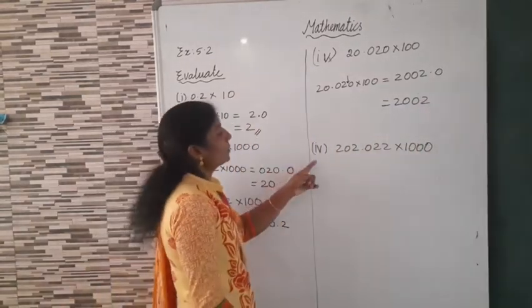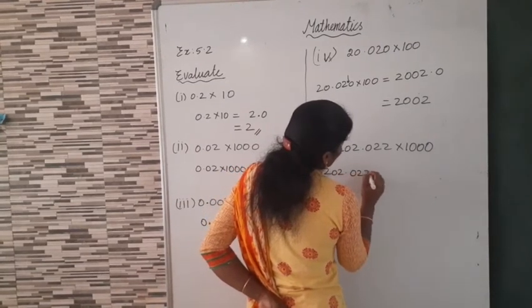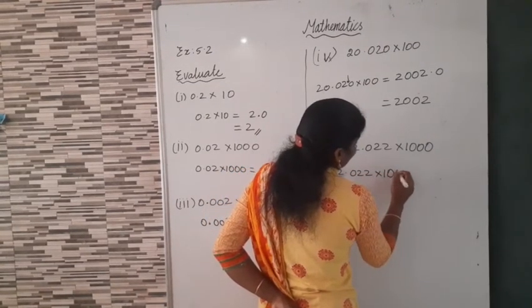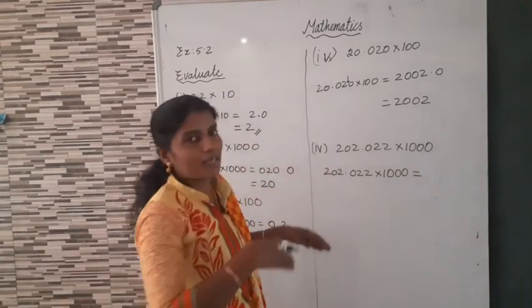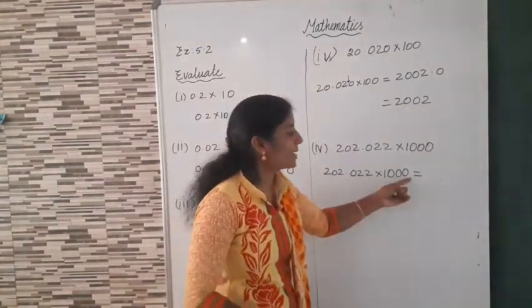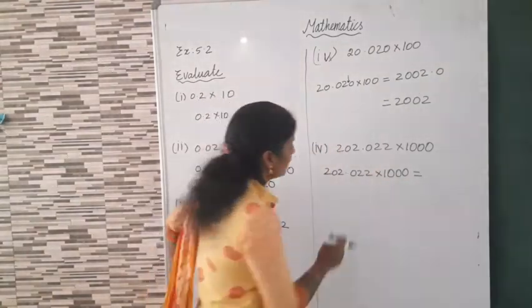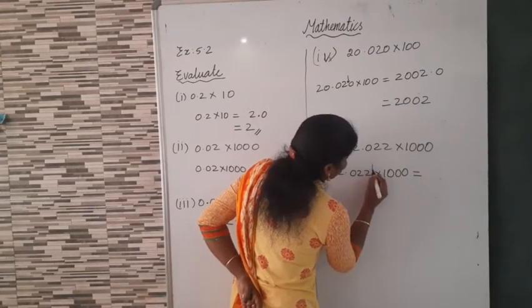Okay. Now the next one, 202.022 into 1000. Multiplied by 1000 means the decimal point shifts to the right by how many places? 3 places. Already we have 3 places here. This point will move here, isn't it?